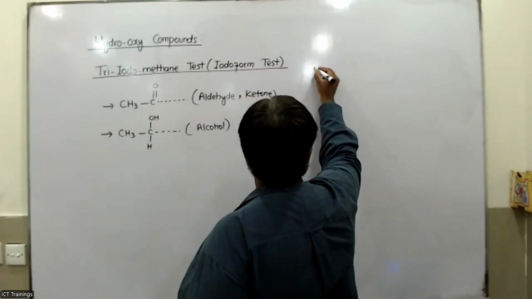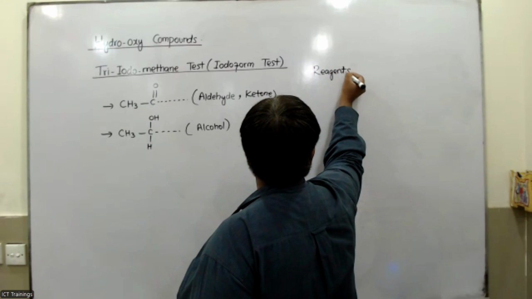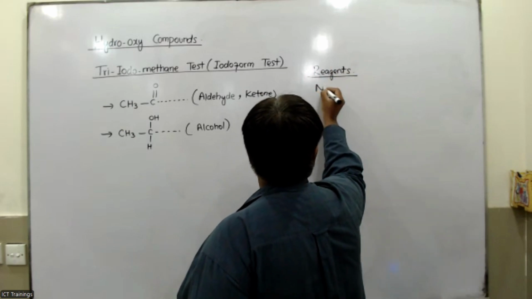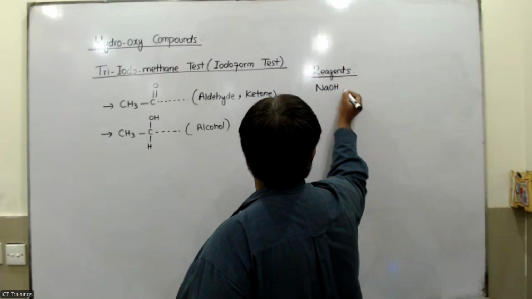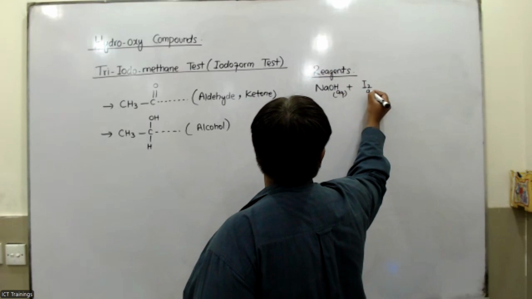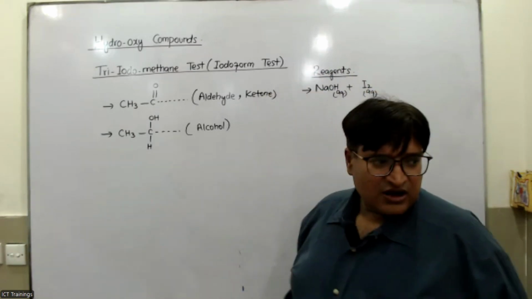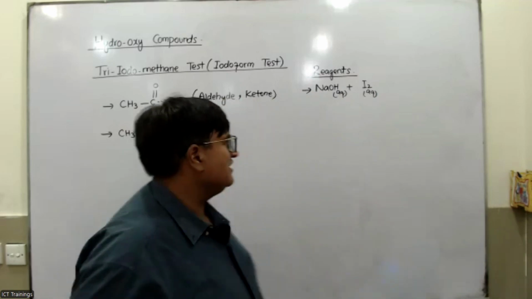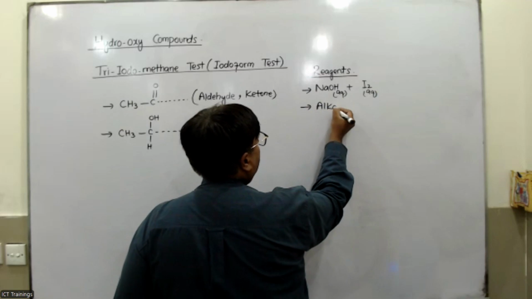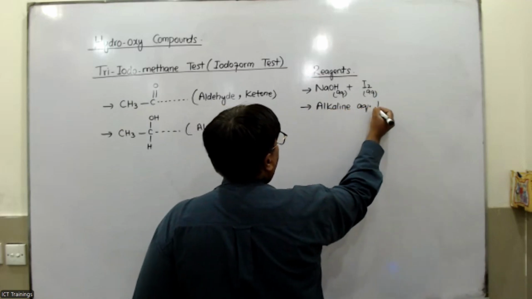What are the reagents used for this test? There are two. The first is aqueous sodium hydroxide and aqueous iodine. In some papers it is written as alkaline aqueous iodine.